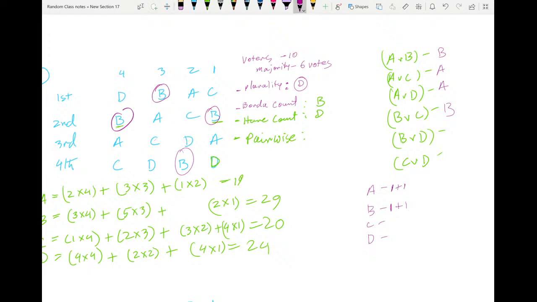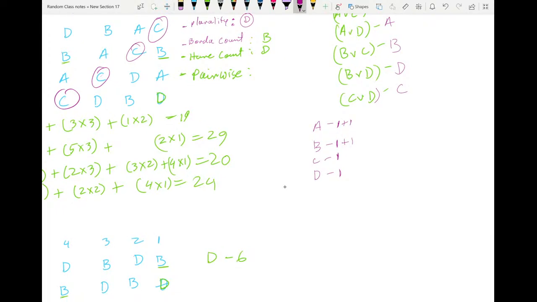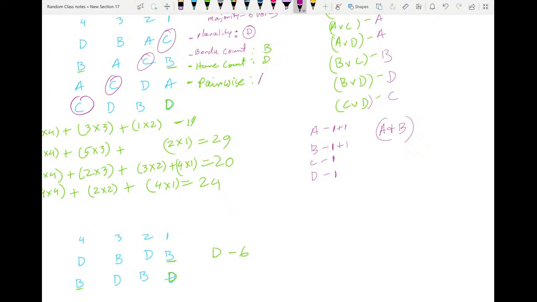This gives us that D got 6, so D is the winner. All right. Well, looks like C is not doing so well. Let's look at the last one. C and D. Oh, over here, C wins it, because right over here, 3, 2, 1, that's 6. C is the winner. So you have first places would be A and B.